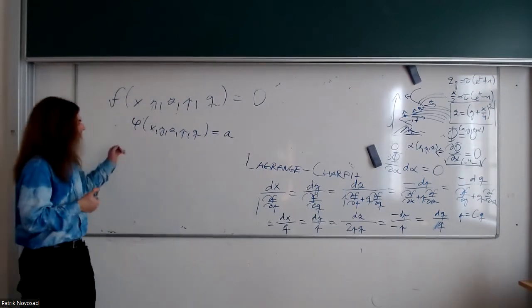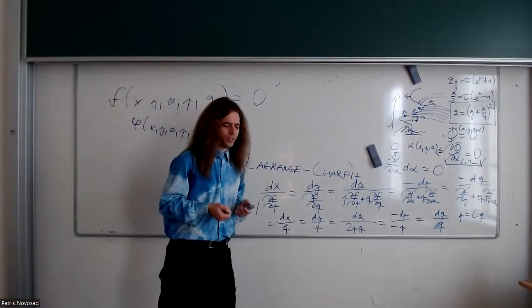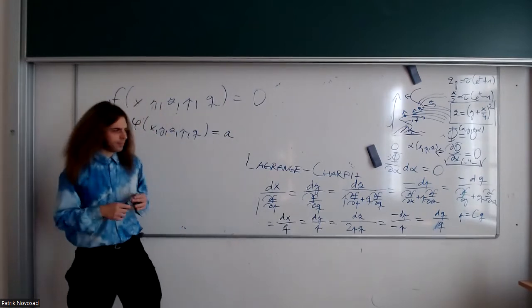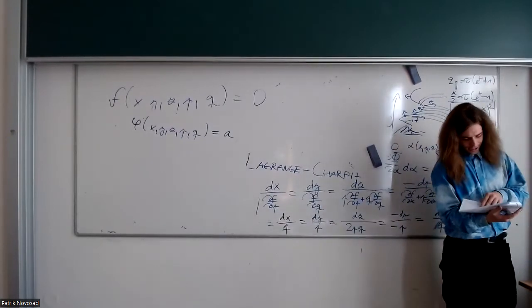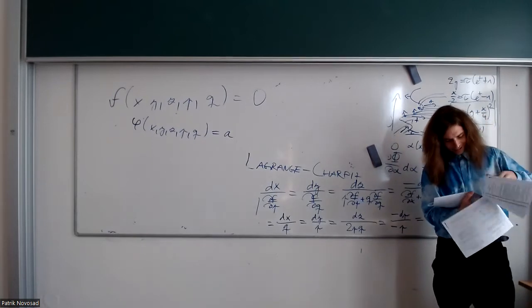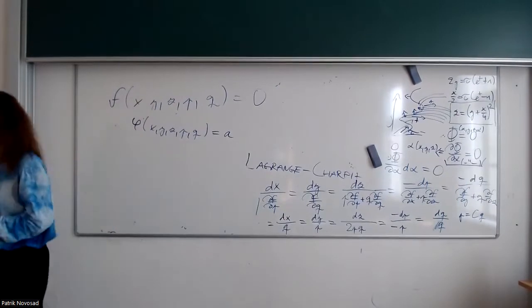And now, when I have such a function, I can actually use a simple trick to obtain a complete integral. How do I do that? Now there will be a calculation that will be perhaps a little bit annoying, so I'll insert my notes in order not to mess it up.